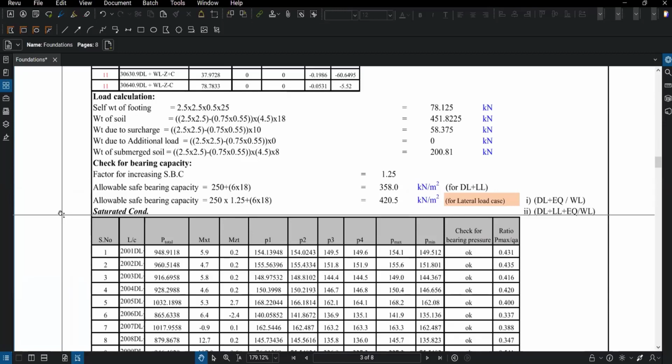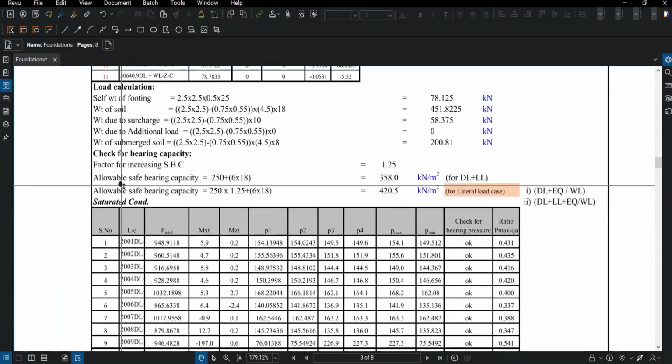Factor for increasing SBC. This factor is provided in IS 1893 for inclusion of horizontal forces effects in foundation design, and the code suggests that 20%, 25% can be increased while including earthquake or wind load.